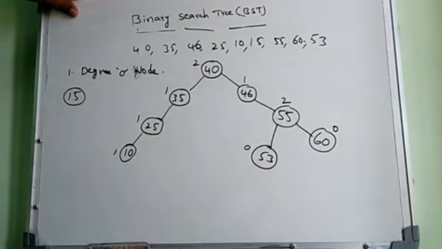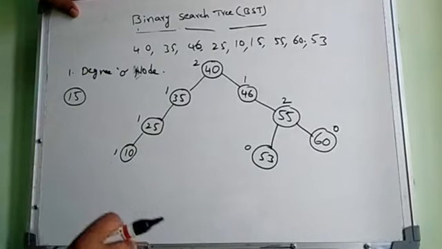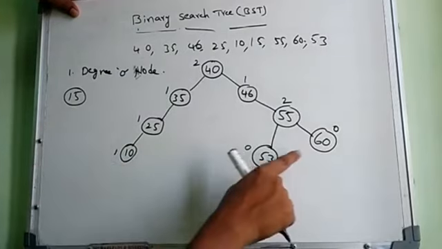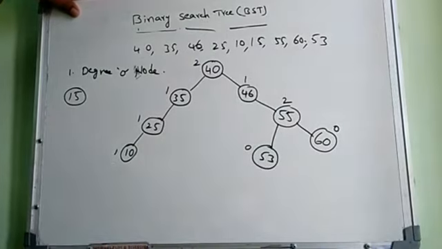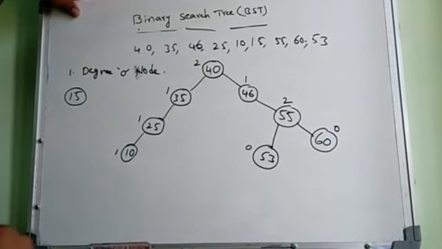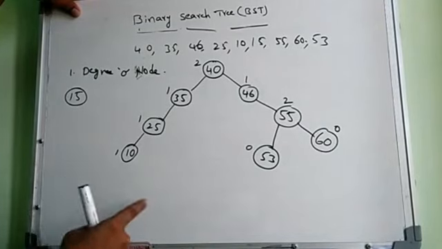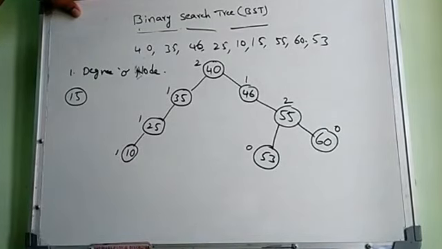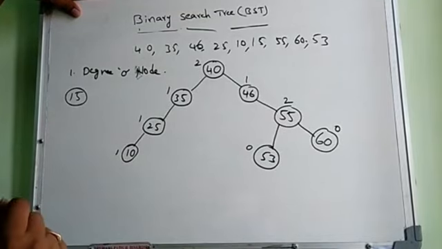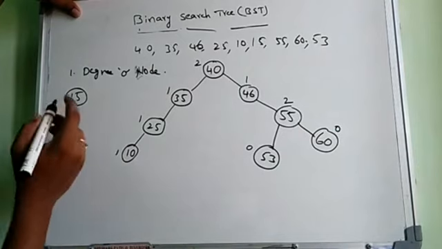Nothing will happen. As I already told, if leaf nodes or degree 0 nodes are deleted, the deletion never affects the total binary tree or its parents. It never affects any node or the entire binary search tree. Okay, so that is the first case.